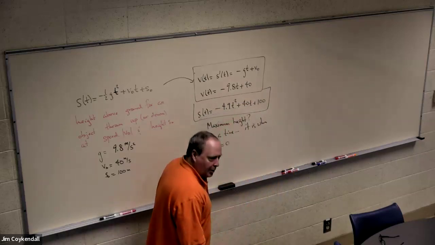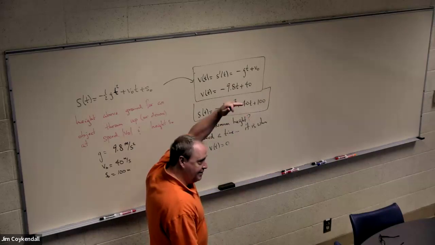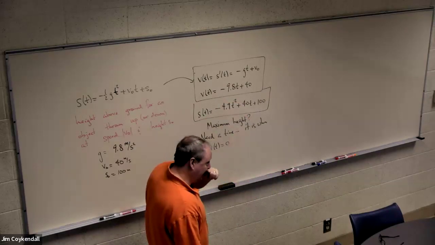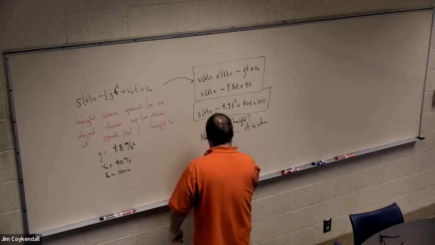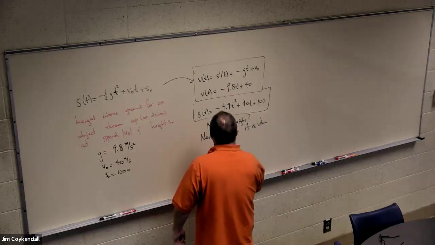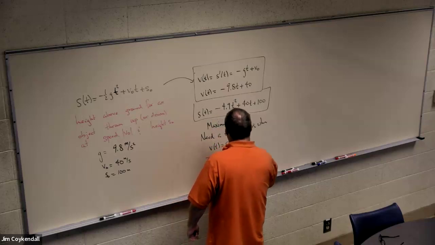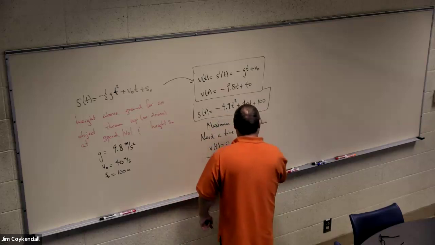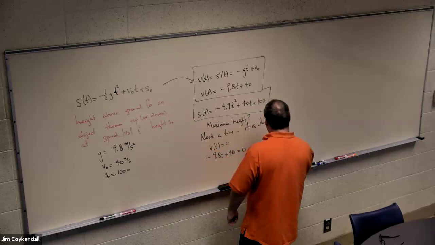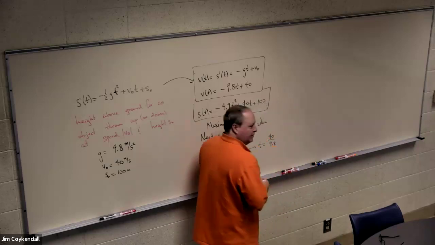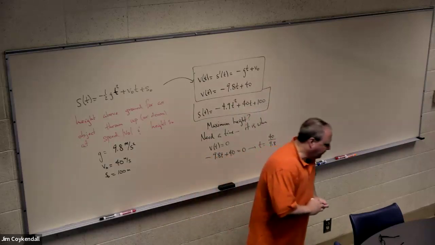That's the turnaround point where the velocity is zero, it hits the apex of its travels. So we get minus 9.8t plus 40 is equal to zero. And so I get t is 40 over 9.8. So it should be just a little bit bigger than 4 seconds.